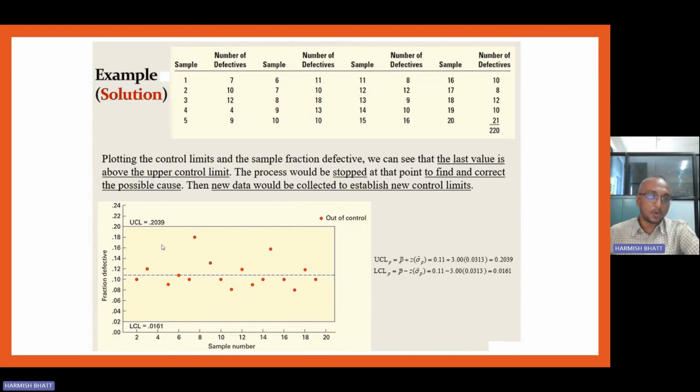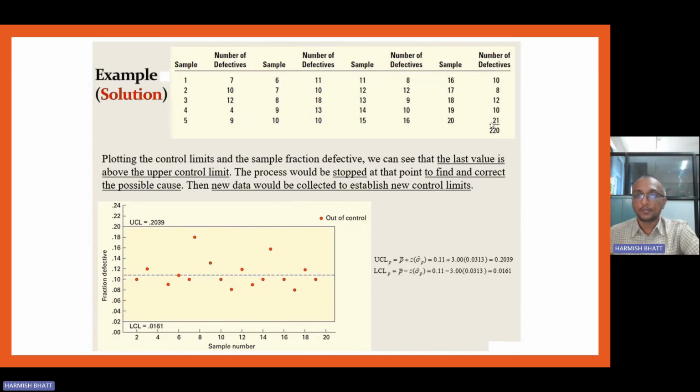Likewise, all the data points are plotted. After plotting the control limits and the sample fraction defective, we can see that the last value is above the upper control limit. The upper limit is 0.2039. For sample number 20, the number of defectives in the table is 21.